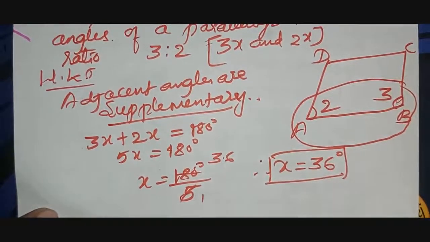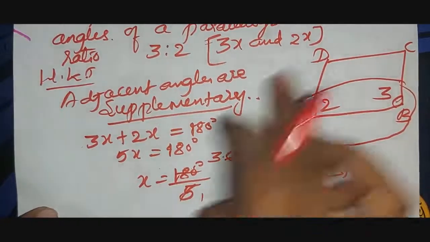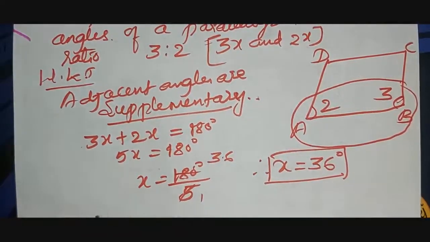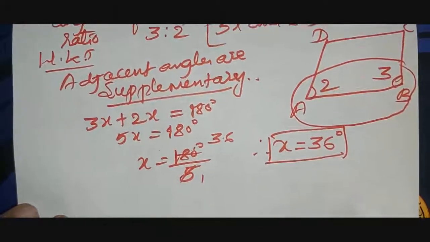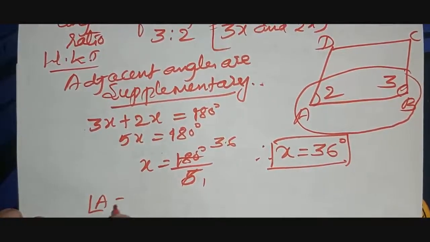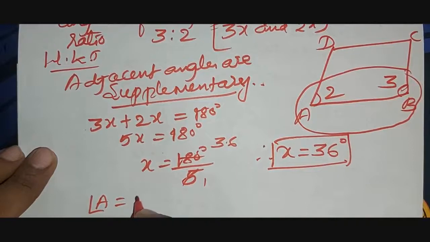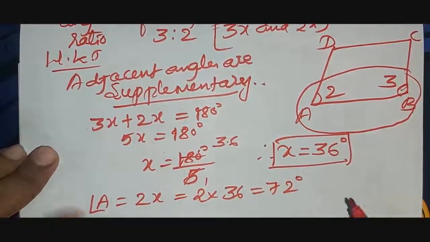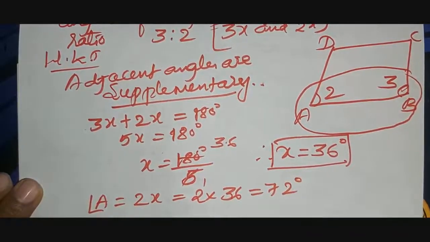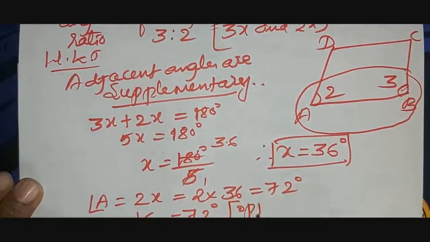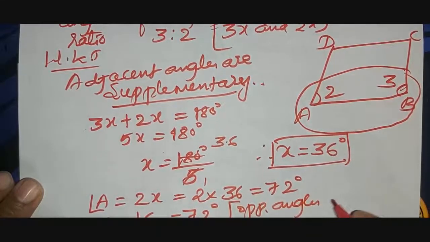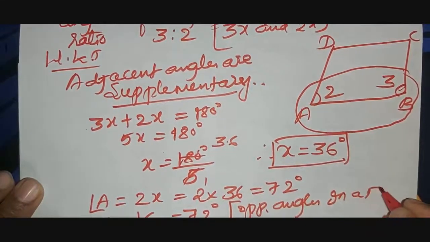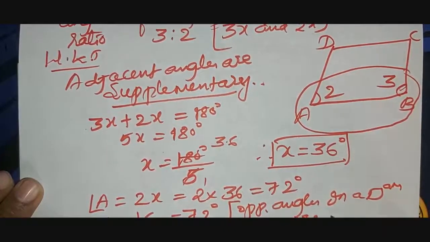Here we need to find the measure of each of the angles of the parallelogram, right? Angle A is equal to 2x, which is 2 into 36, that is 72 degrees. And here angle A is equal to angle C, this is also 72 degrees because opposite angles in a parallelogram are equal.